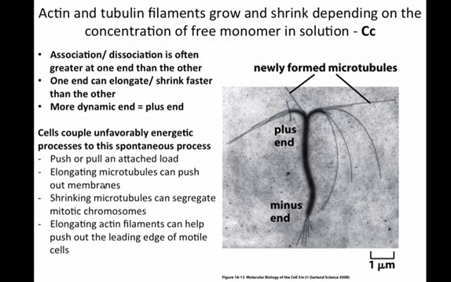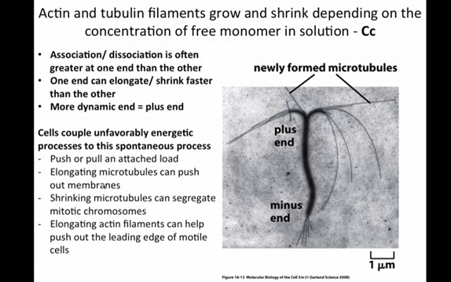So association or dissociation is often greater at one end than the other. One end can elongate faster or shrink faster than the other. So your plus end elongates faster and your minus end shrinks faster. This is just a confirmation in terms of the concentration of monomer.